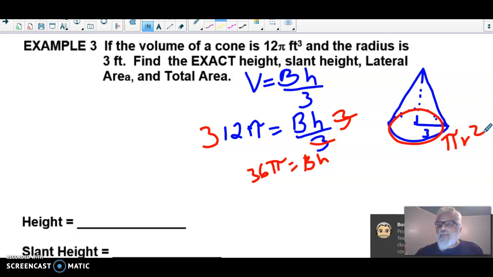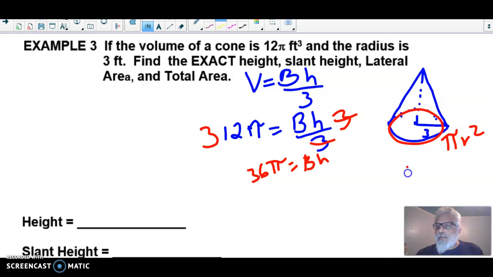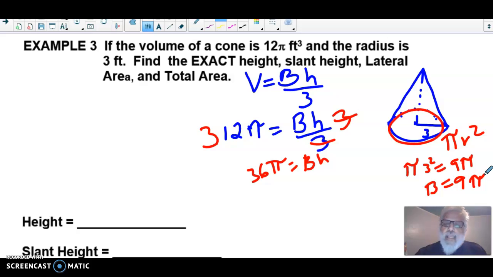It's 3. So that means that the area of the base is going to be pi times 3 squared, which turns out to be 9 pi. So if capital B is equal to 9 pi, I could substitute that in for capital B, which gives 36 pi equals 9 pi h.